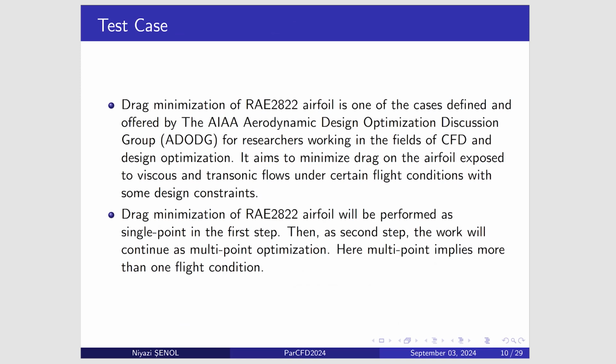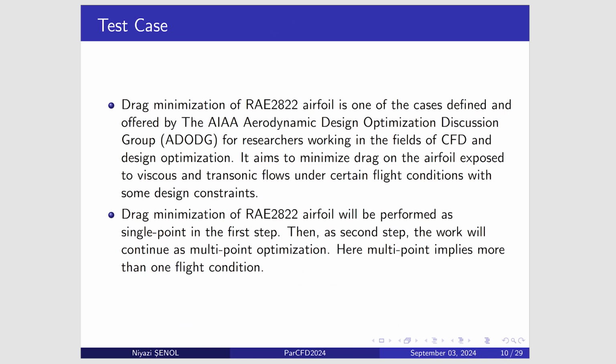So I will describe my test cases. We will use the RAE 2822 airfoil. This was proposed by the AIAA Aerodynamic Design Optimization Discussion Group for researchers in the fields of CFD and design optimization.